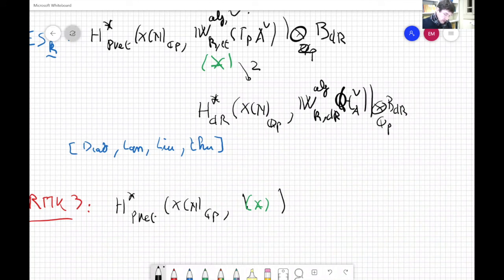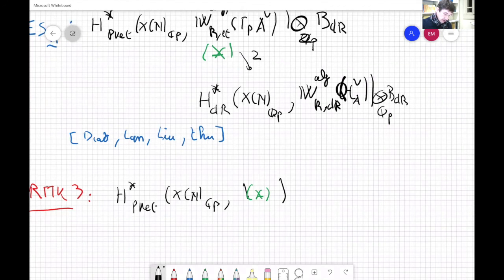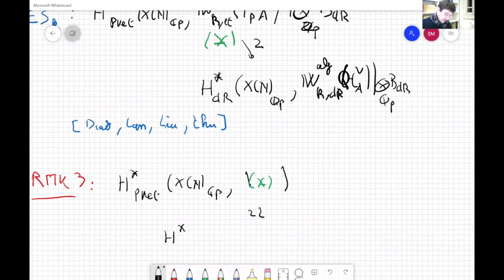Actually, this can be computed also on Q bar.